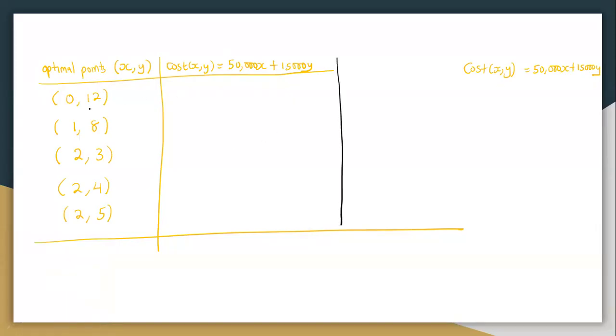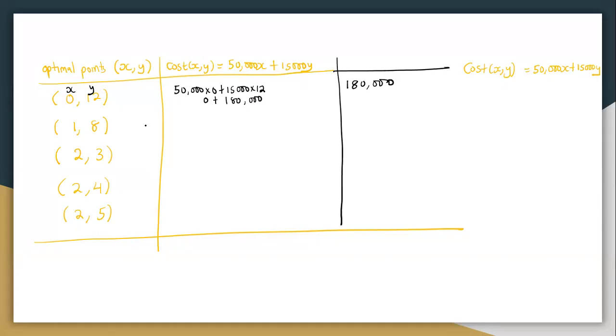When I'm working out, I substitute. This is my X and this is my Y. So I'll say 50,000 times 0 plus 15,000 times 12. You do your mathematics: this is 0 plus 15,000 times 12, which gives 180,000. If you want, you can put here that this is 180,000.